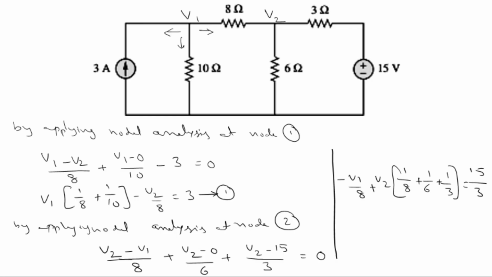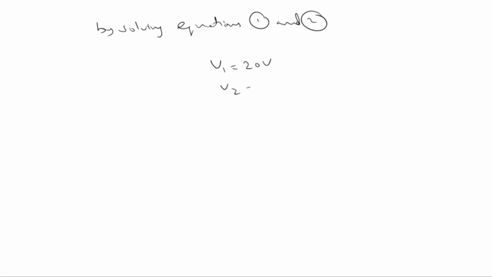This is equation number 2. By solving equations 1 and 2, we get V1 equal to 20 volts and V2 equal to 12 volts.